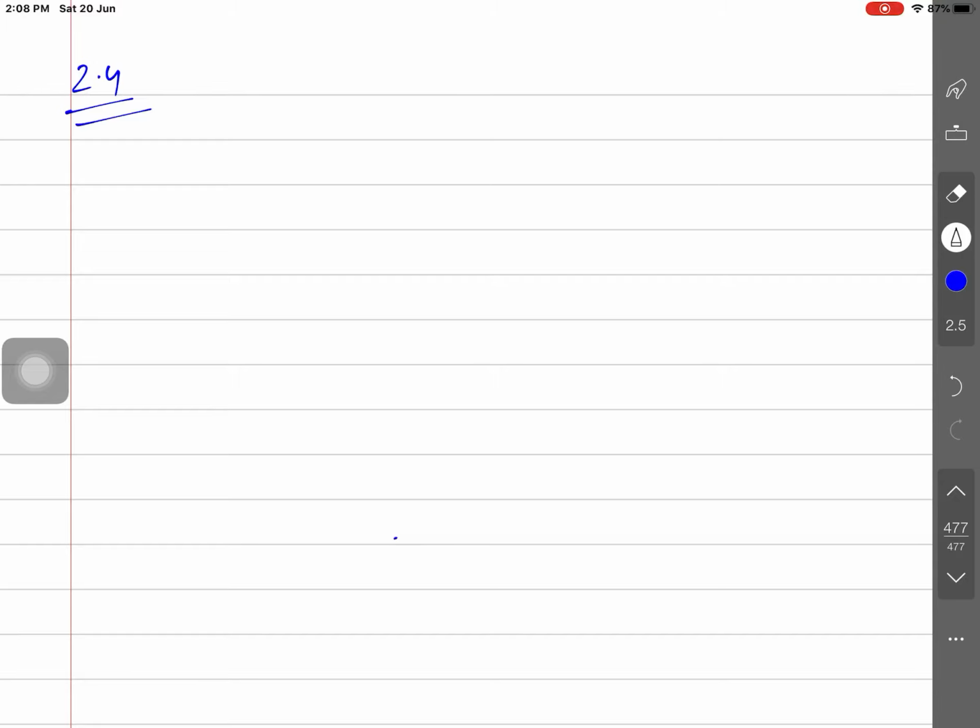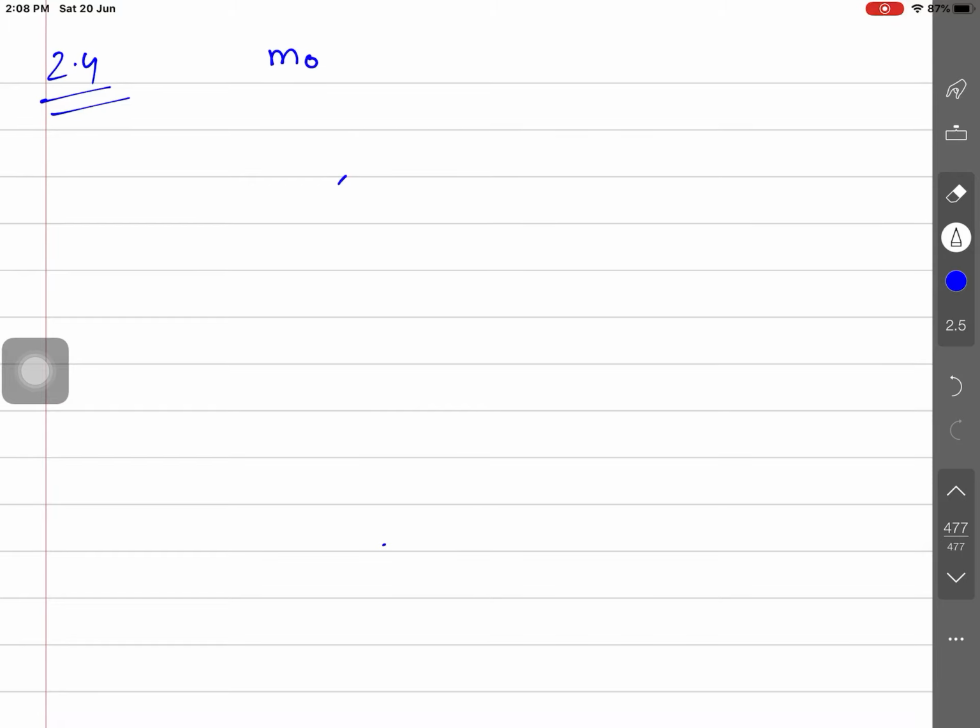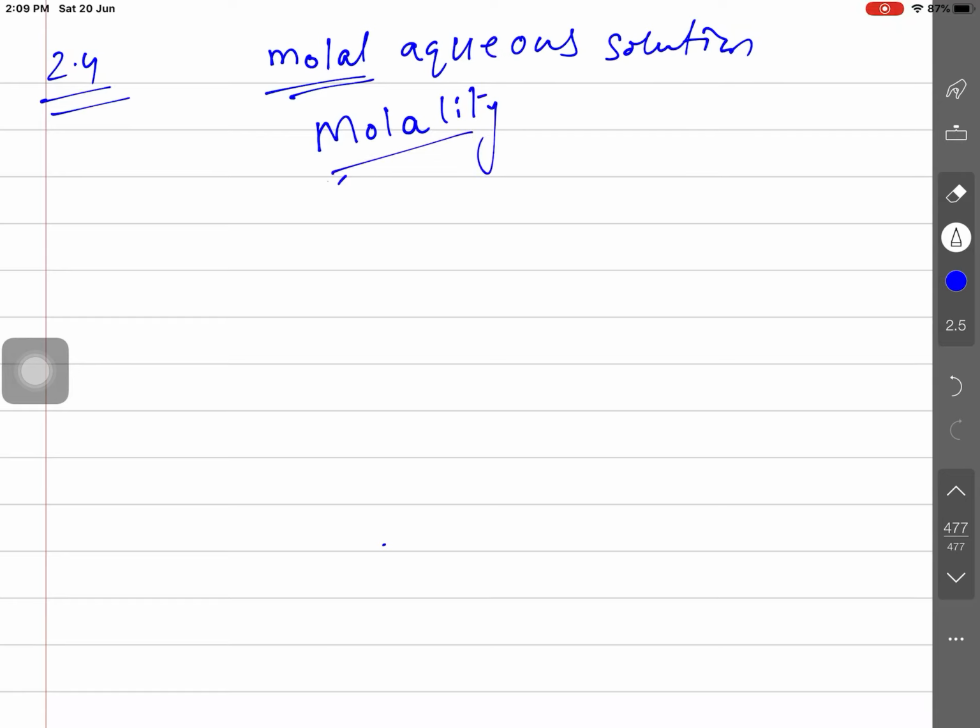Molal aqueous solution means this is the molality. It is very important to remember this. A molal aqueous solution is the concept of molality.